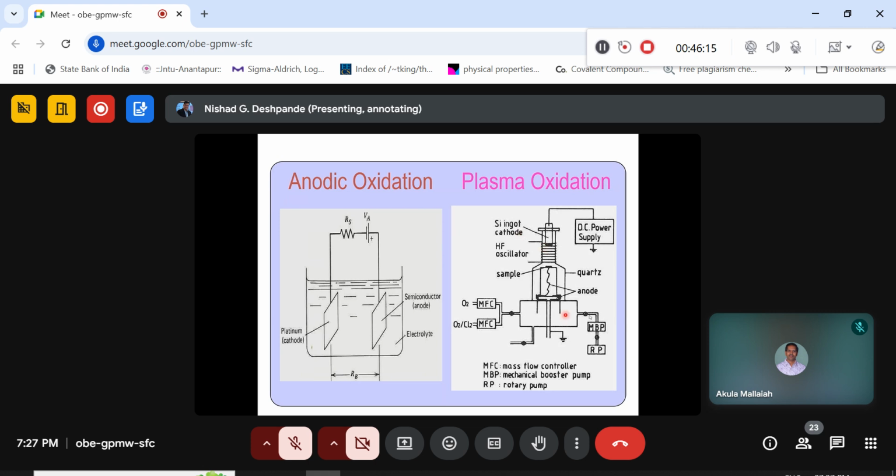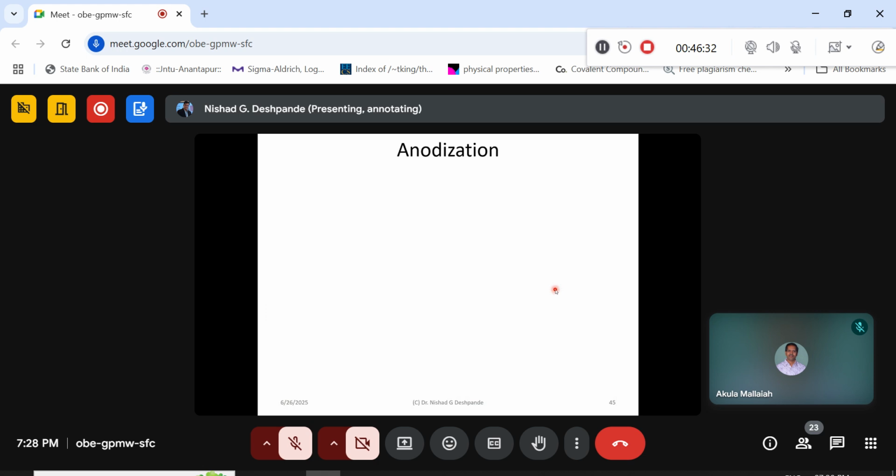The same apparatus can be utilized, depending on the output that you are looking for, either etching the surface or oxidation of the surface. So these two processes are very important.